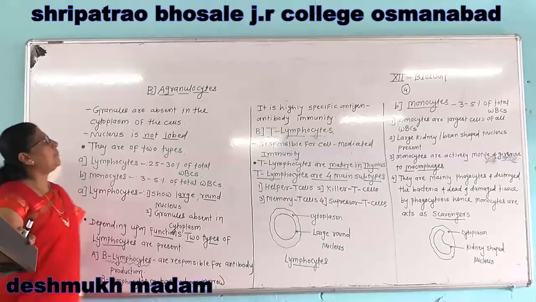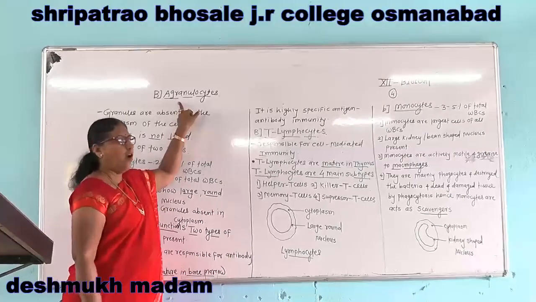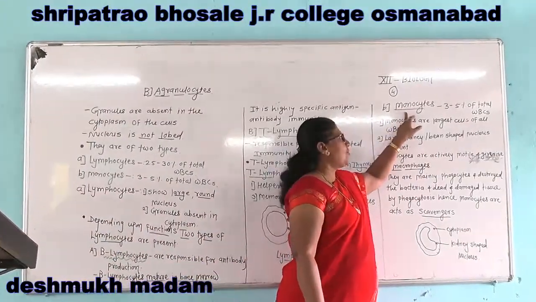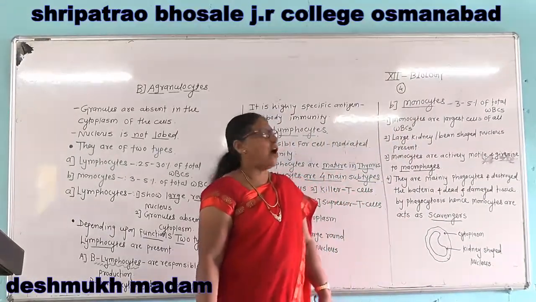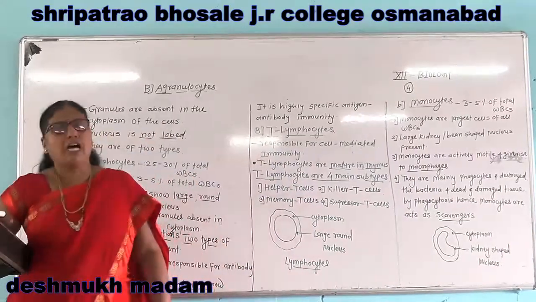Then the second type of agranulocytes is the monocyte cells, which constitute about 3 to 5% of total WBCs.